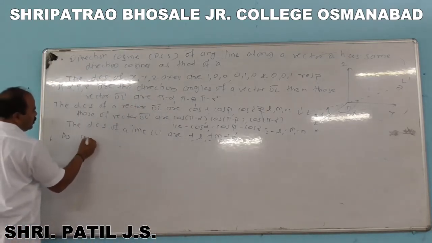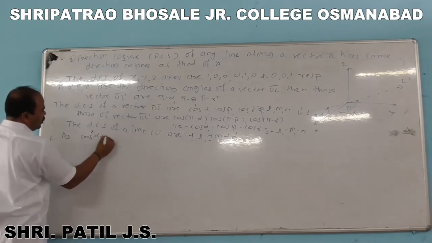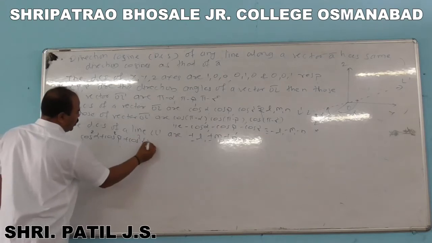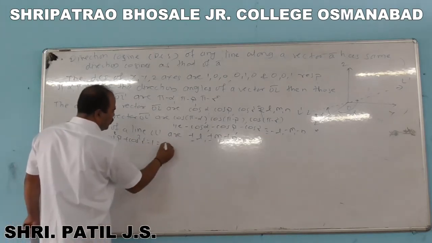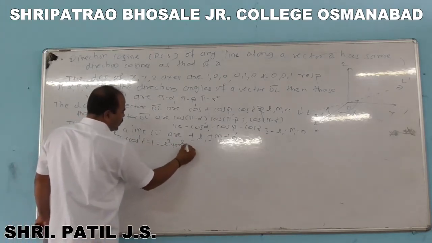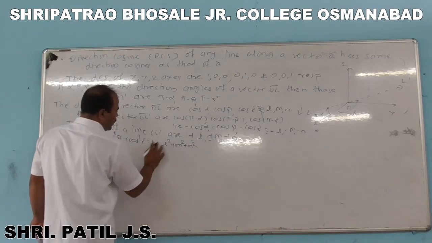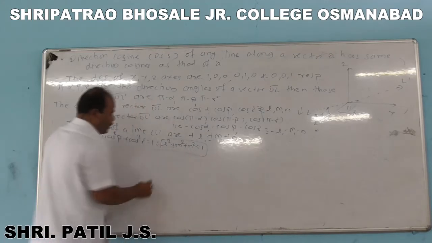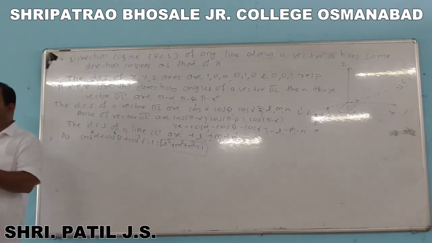As we know, cos square alpha plus cos square beta plus cos square gamma equals 1. That means l square plus m square plus n square equals 1.